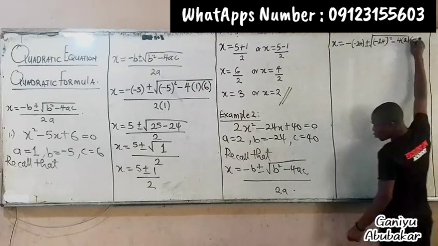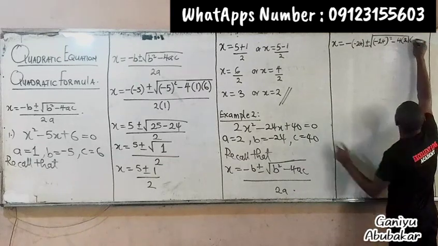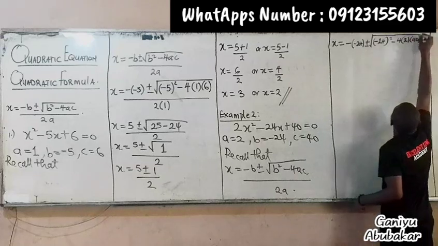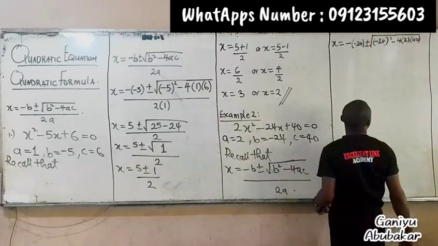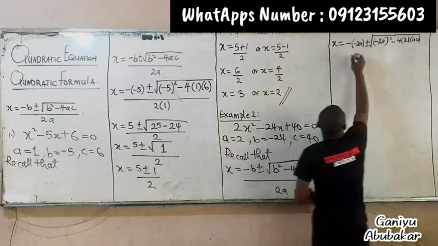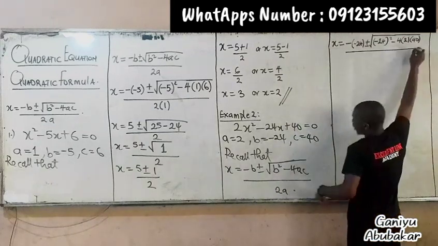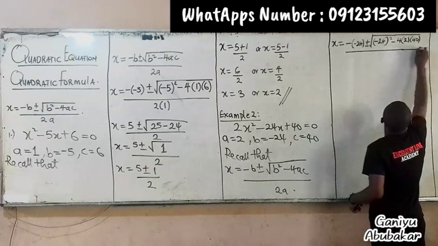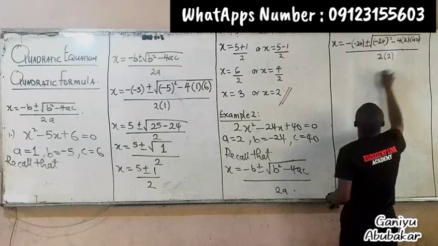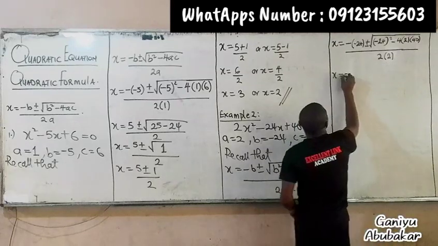C is 40. All over 2a, which becomes 2 into a, and a becomes 2.